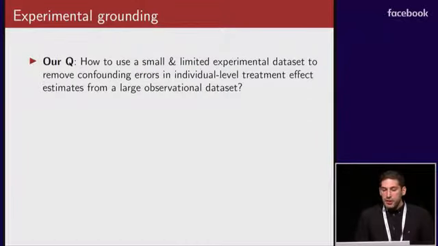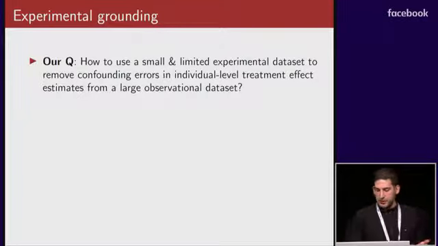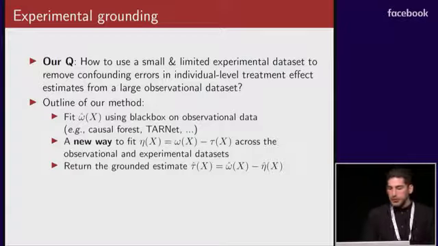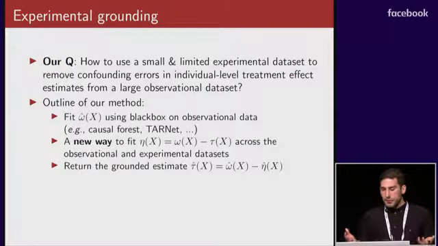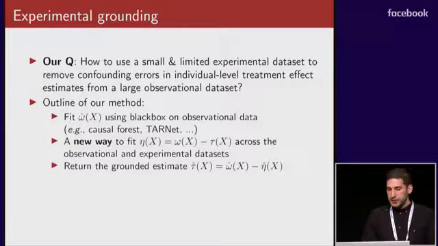Therefore, the question that we asked in this paper is how might we use a small experimental data set with limited generalizability in order to remove the confounding errors that we would get from fine-grained estimates from very large-scale observational data sets. The method that we developed proceeds roughly as follows. First, use your favorite black box method, whether it be causal forest or TARNet, in order to fit this omega function, the observed difference in outcomes, on the observational data.